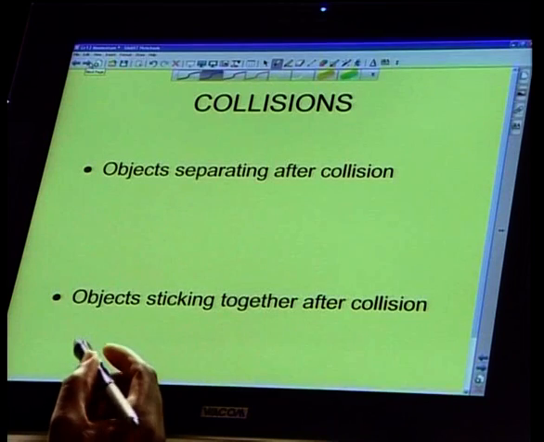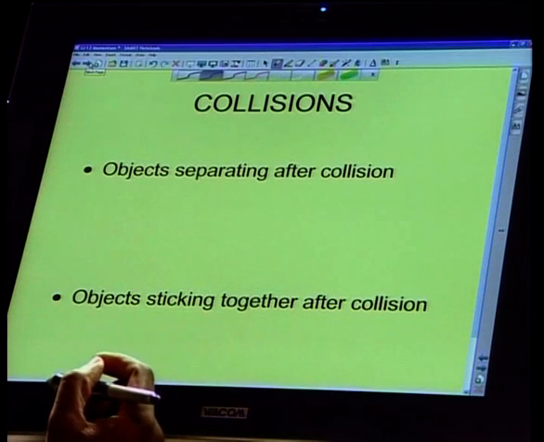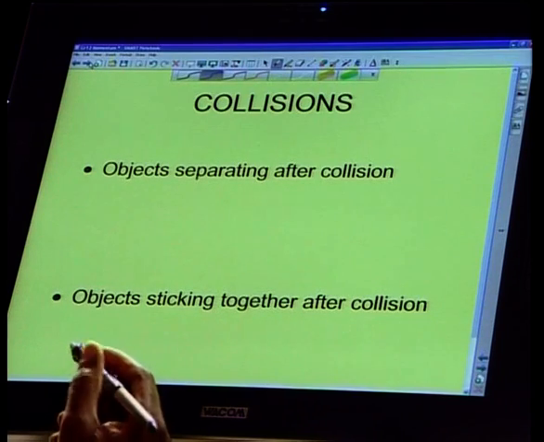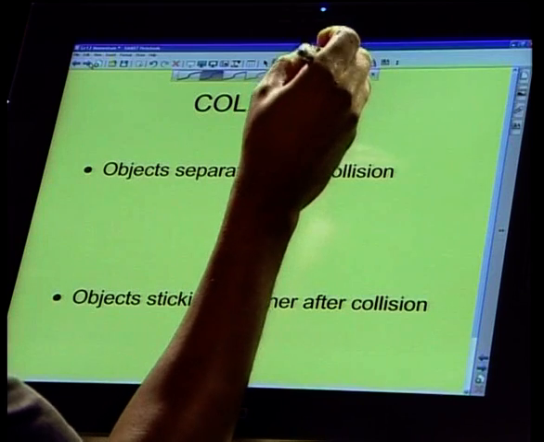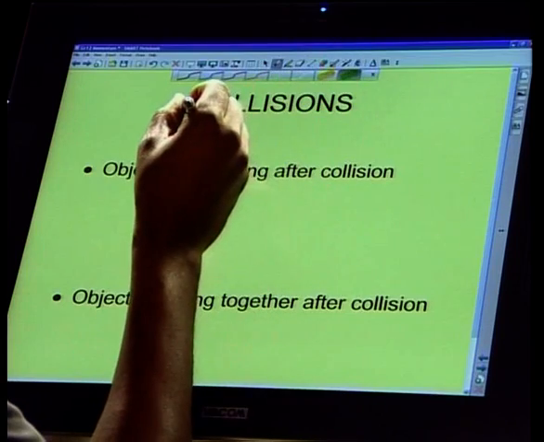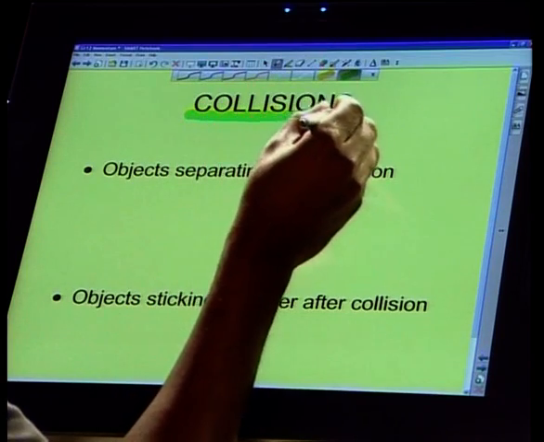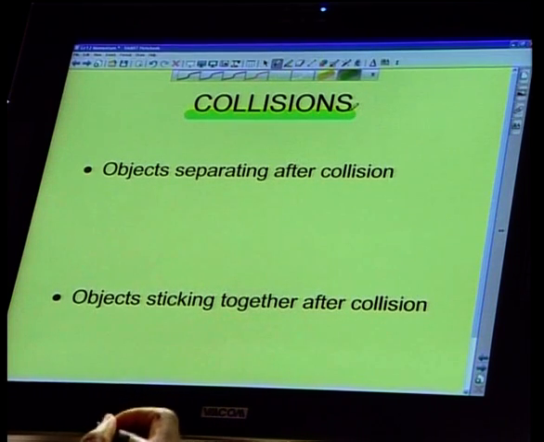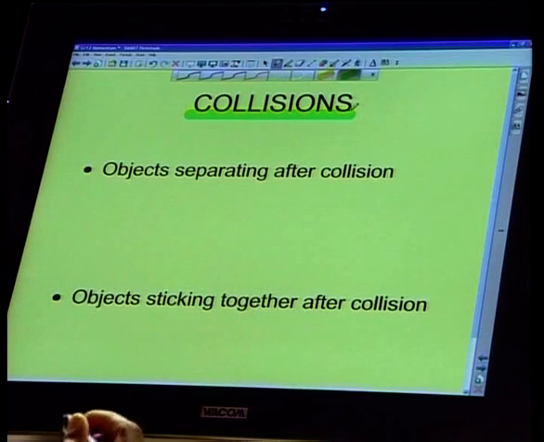Okay, now let's begin to talk about collisions. Now, when objects collide or when they come into contact with each other, there are 2 things that might happen.